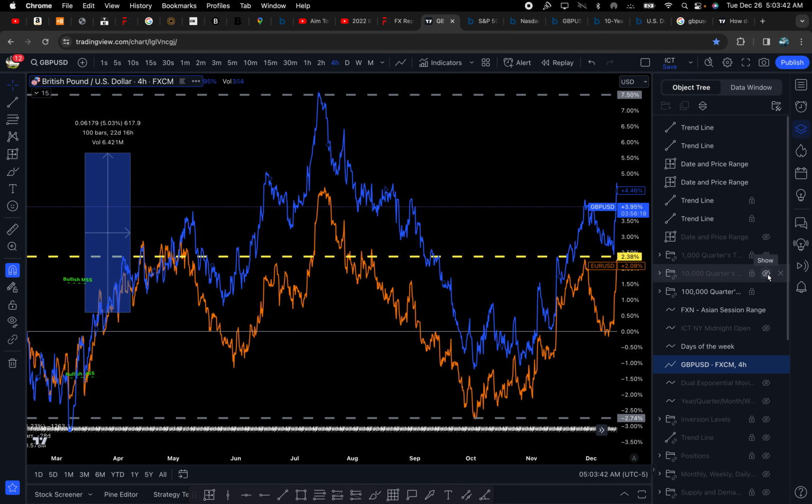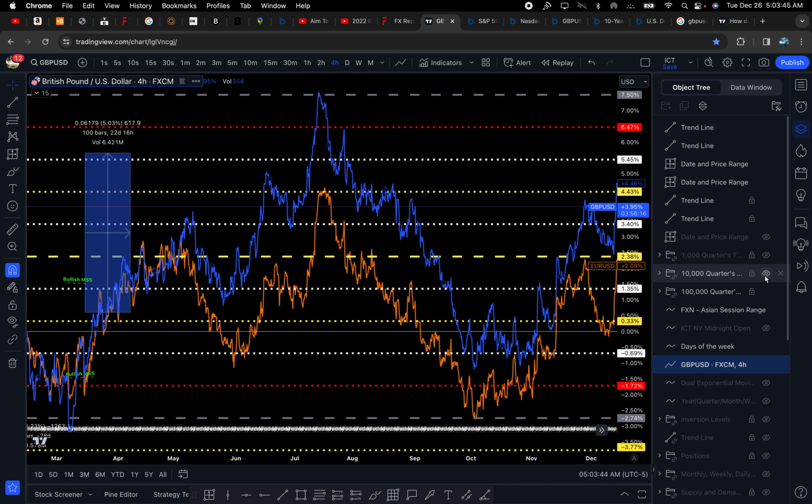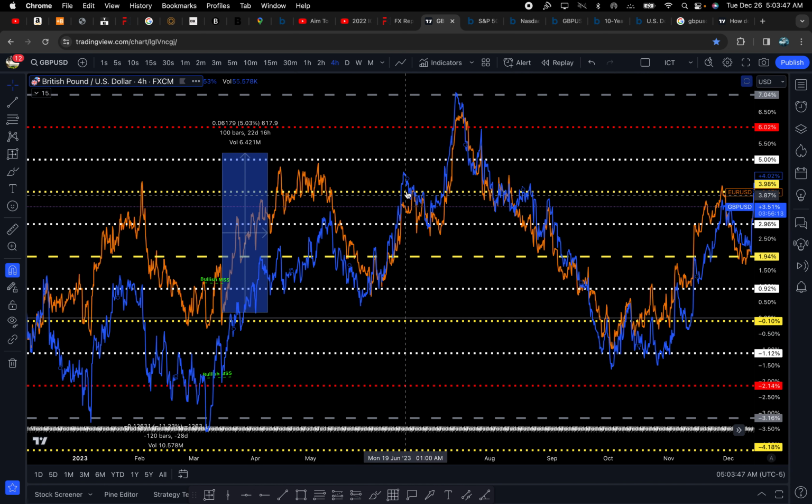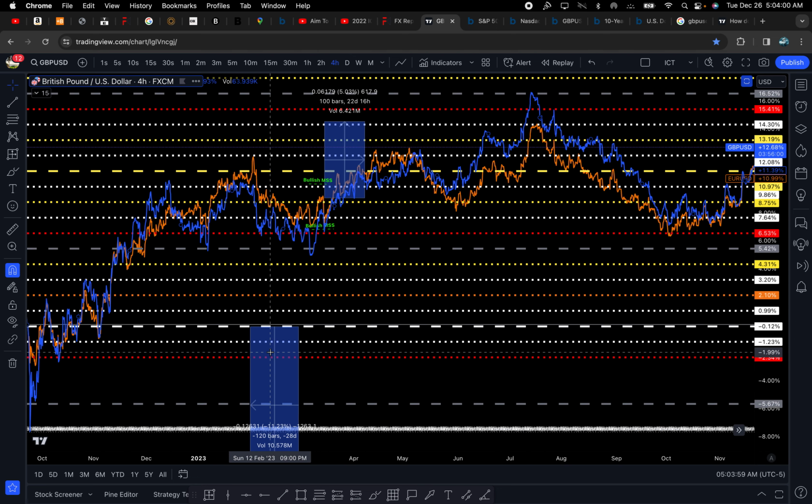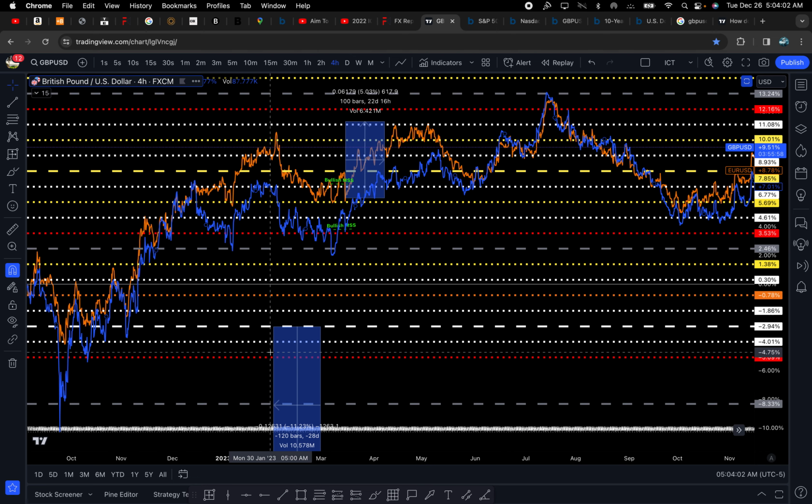Keep in mind the key levels are for the blue, not the orange. Even though it looks like it's bouncing off that level, I don't think that's what's going on here. It is for the blue, because the blue is what I drew the key levels for, the GBPUSD.